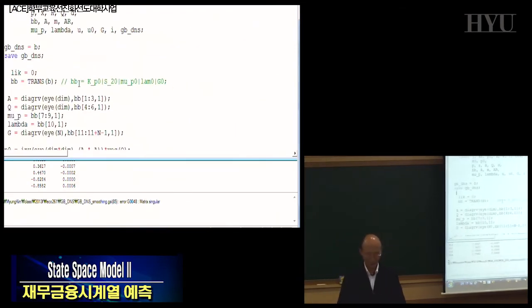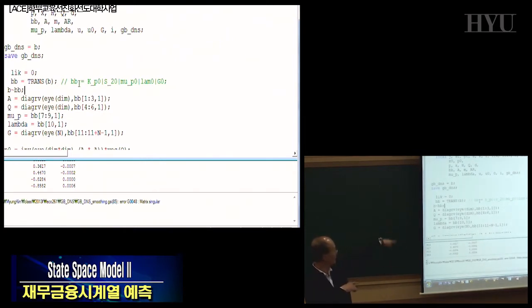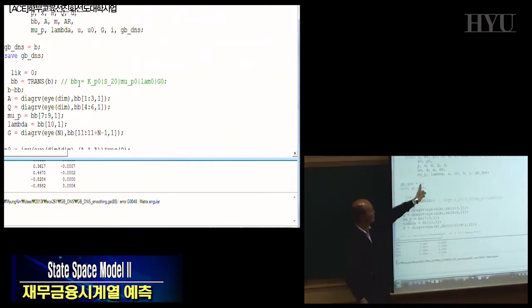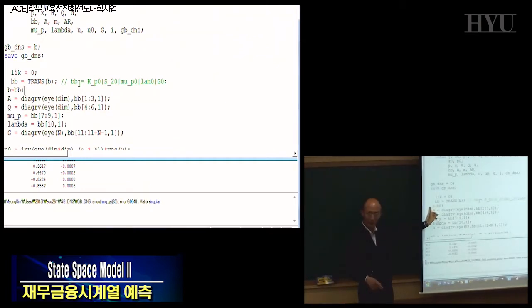So let me type here B and BB, because the dimensions are the same, right? The 1 entered as B is transformed, right? So I'm trying to print this one and this one at the same time. We are concatenating these two vectors.